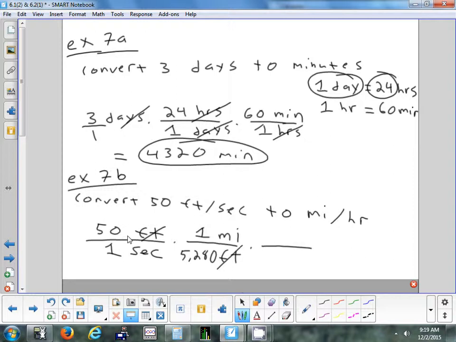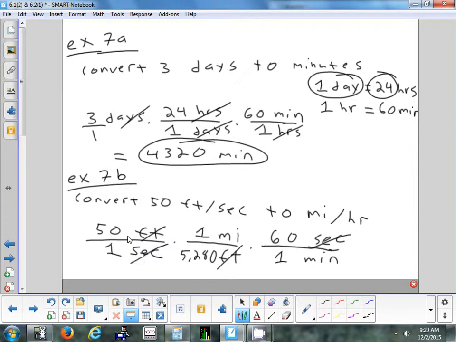All right, now we want to get seconds to hours. Okay, so what's my first step to get seconds to hours? What do I got to get it to? We got to get it to minutes. So Upi said 60 seconds to 1 minute. Upi, do you want to put seconds in the top or in the bottom? Top. Good choice. Because we want to cancel out seconds. So he said 60 seconds in 1 minute.